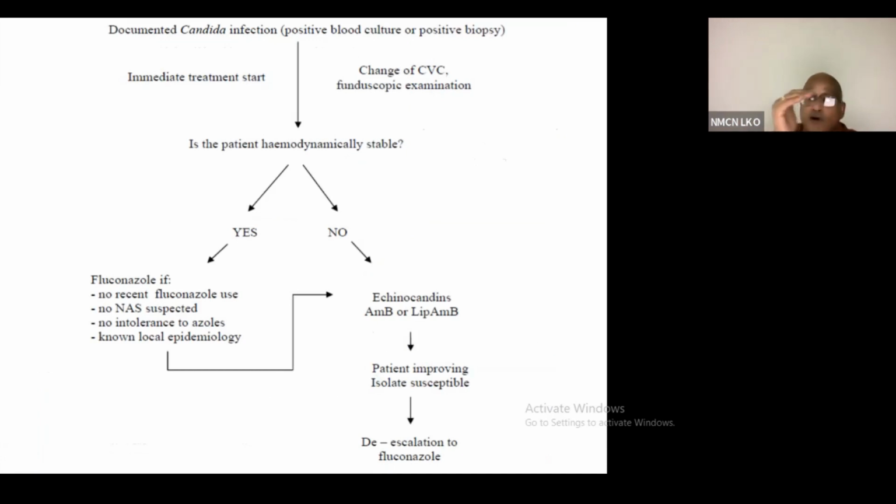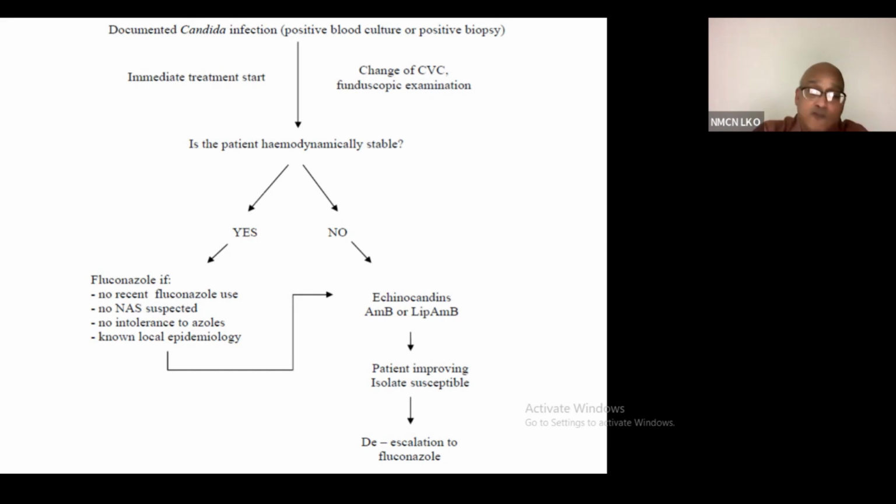Now you have a sick patient who you believe has a documented Candida infection. Then you take this information like this. Is he stable? Is he unstable? Stable hemodynamically. If yes, and you suspect it, you have to give fungal cover.